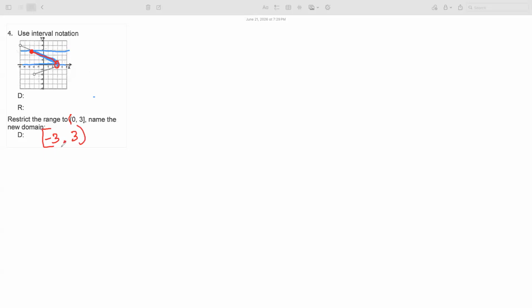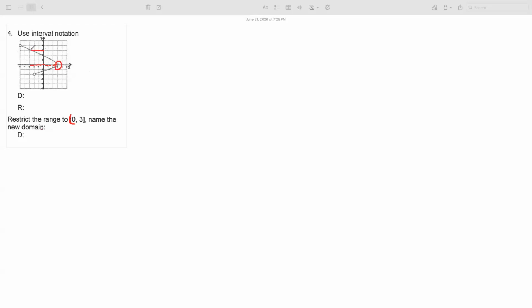Did I make sense? Why is 3 excluded? Because the problem here is that 0 is not included in the range, whereas the other one, 3, is included in the range.